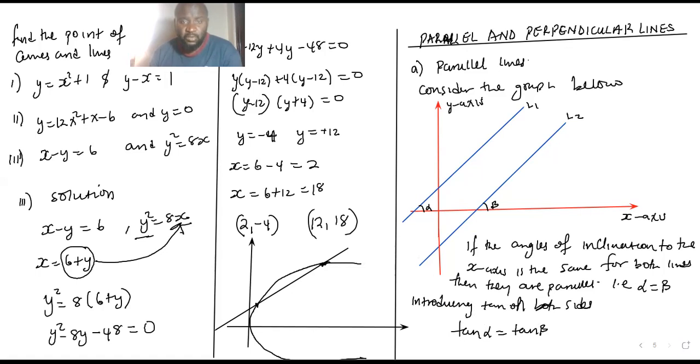If you have the tangent of the angle of the line inclined to the x-axis, what does that define?